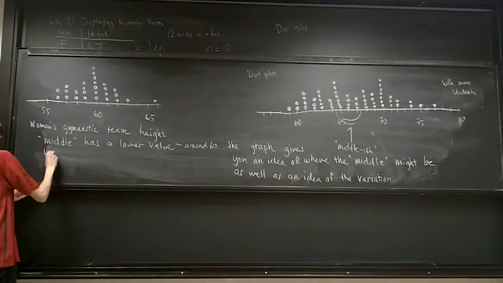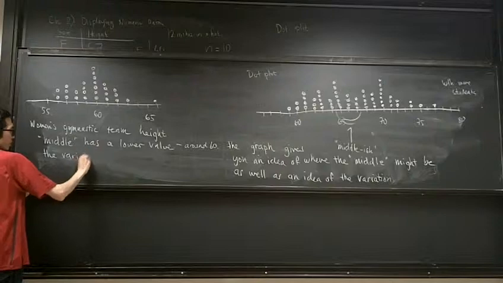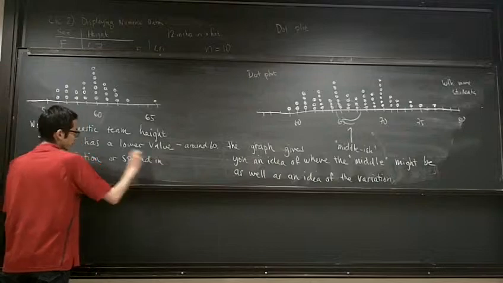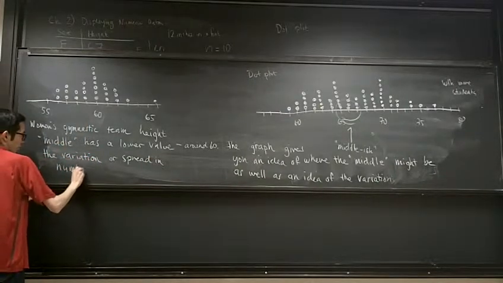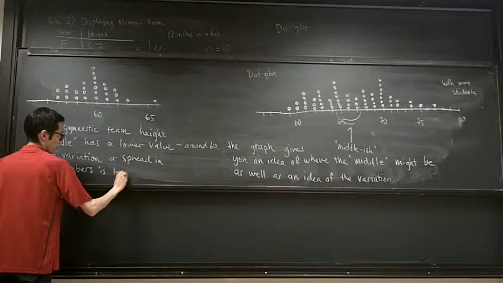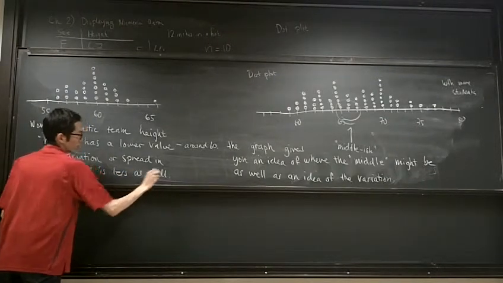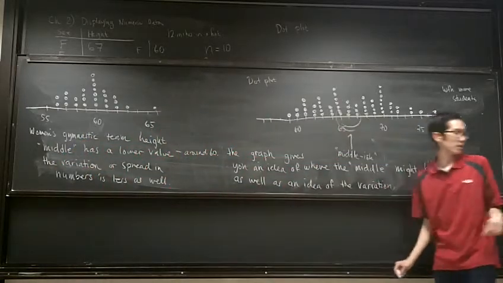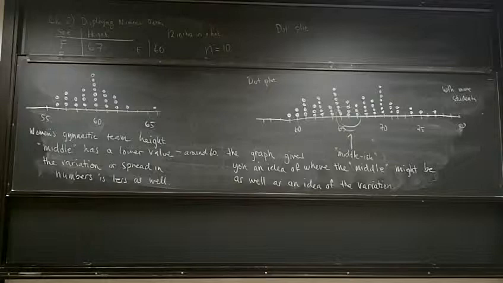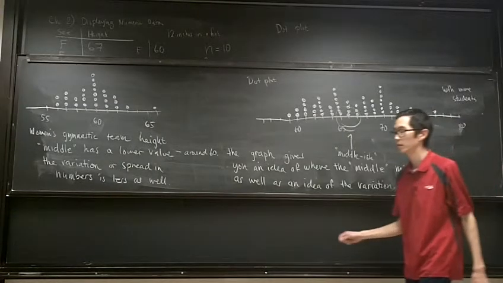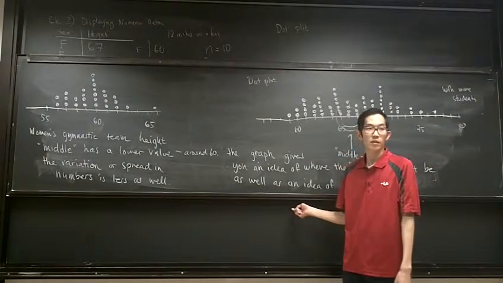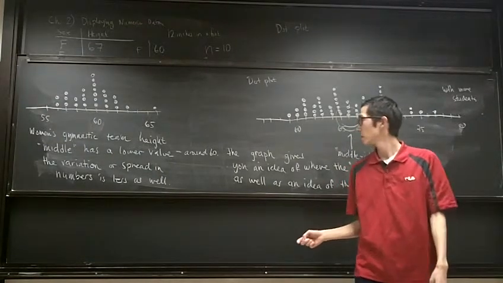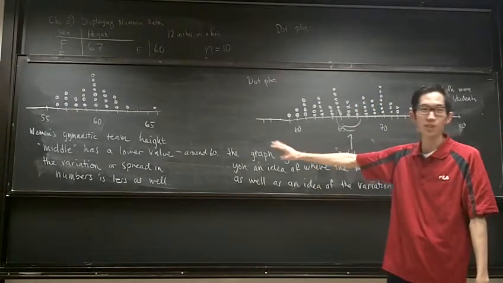And the variation, or spread in numbers, is less as well. Can we see that? Yes, question? Oh, I said around 60.